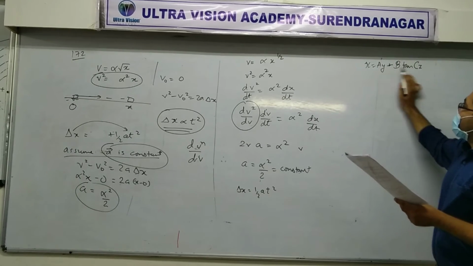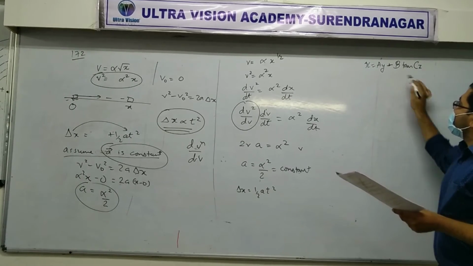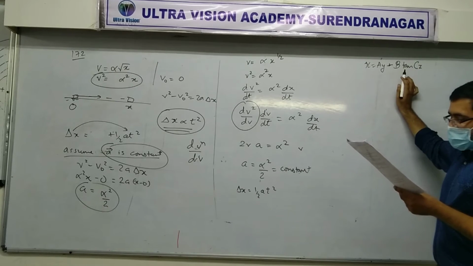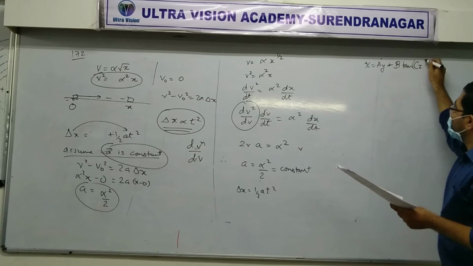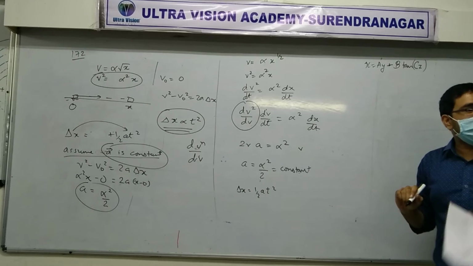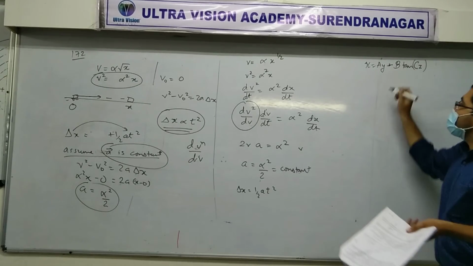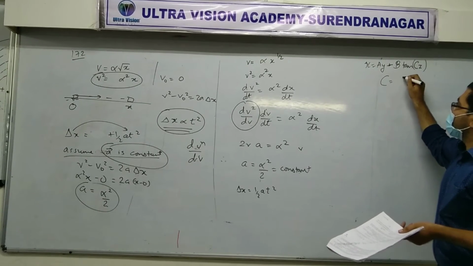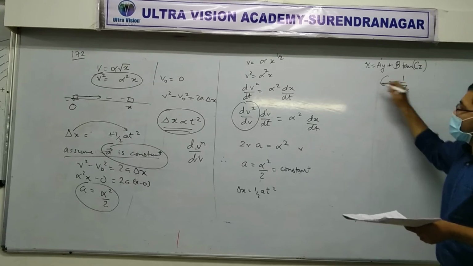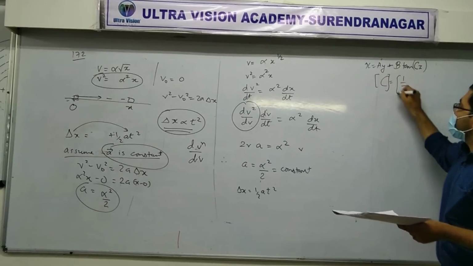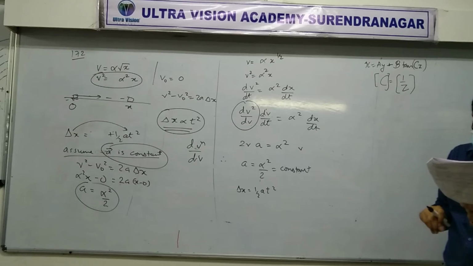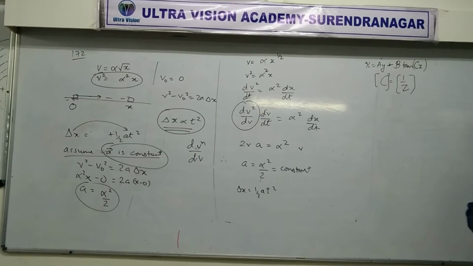So, if it's like this, then we will start finding dimensions of everything. First of all, this is angle, yes or no? Yes. Angles are dimensionless. So, dimensions of C are same as 1 upon Z. Clear or not? Dimensions of C are same as 1 upon Z. 1 upon Z means what?